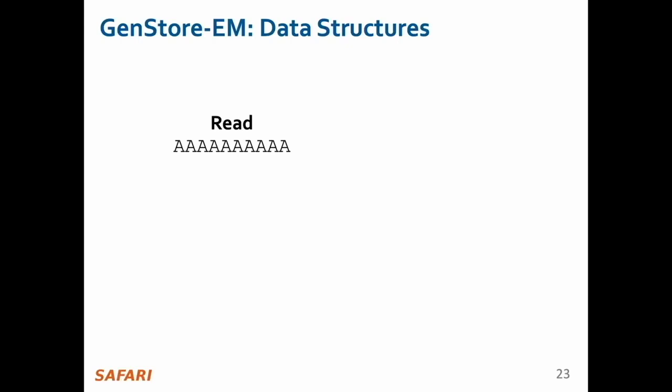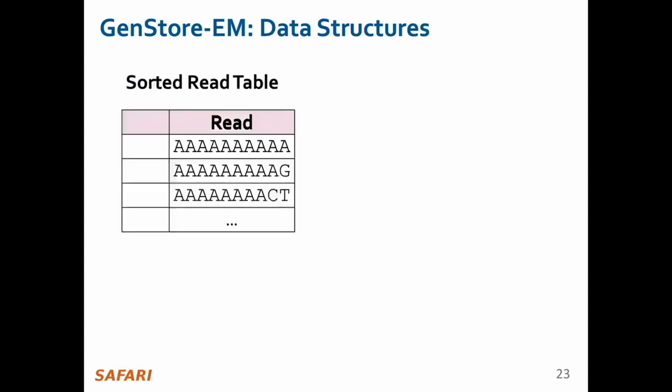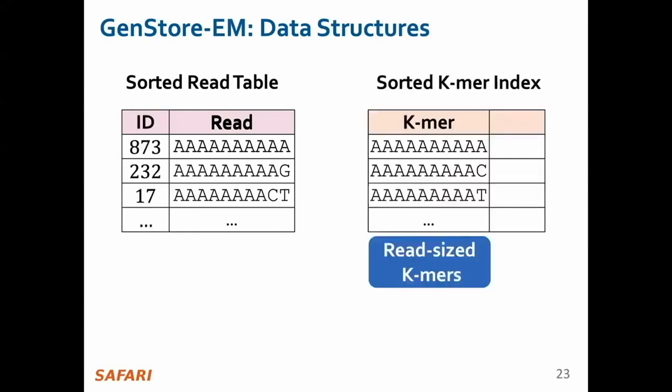Based on that, we introduced two data structures in our work. First is the sorted read table, each entry of which stores a read and its unique ID, and second is a sorted k-mer index, which contains all the unique read-sized k-mers extracted from the reference genome, along with each k-mer's corresponding location in the reference genome. If you remember, when I was refreshing the background of read mapping, we discussed an index with small k-mers and their locations.